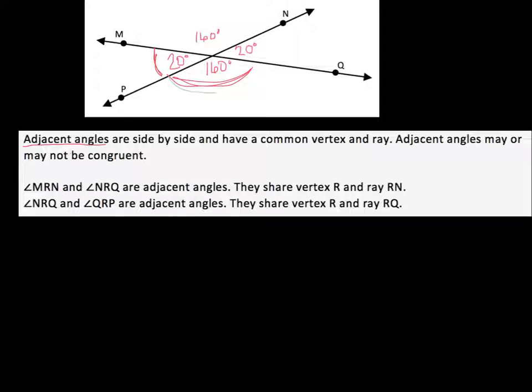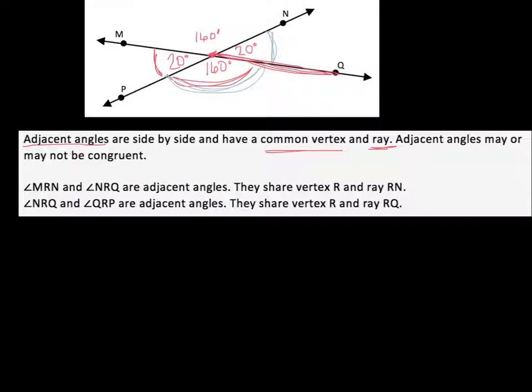Our 160 degree and this 20 degree, adjacent. They share a common vertex and a ray. So these two share a common vertex, which is where two points meet, and they share a ray. Okay, so that would be what adjacent angles are.